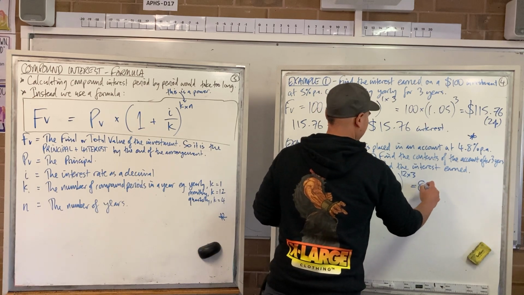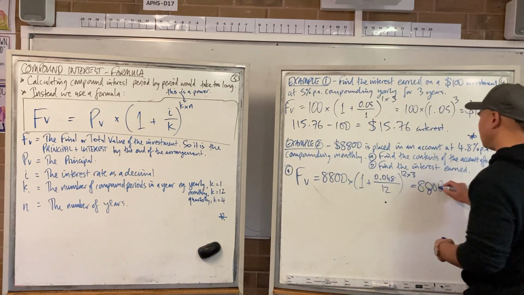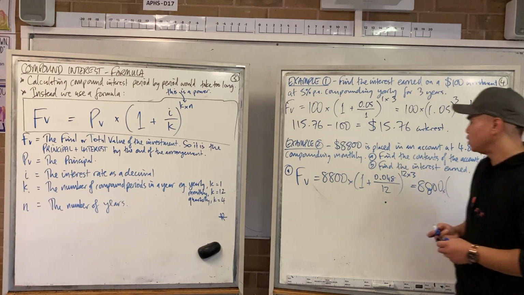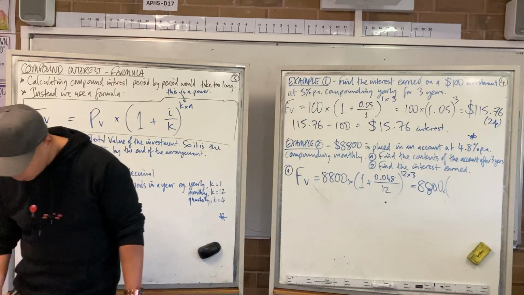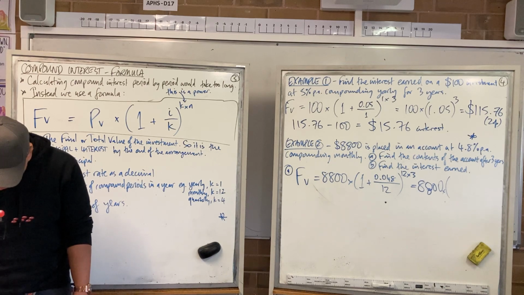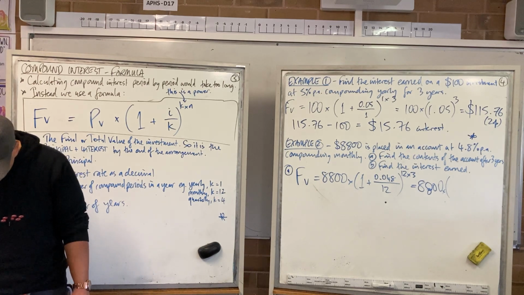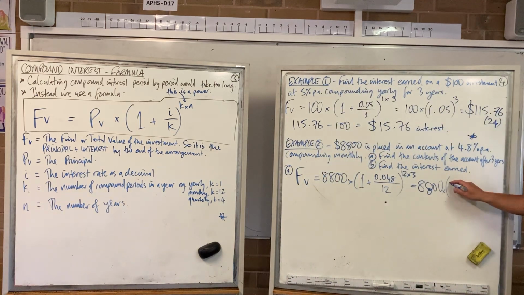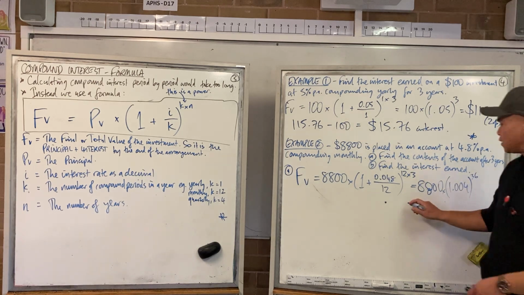Do some working out. 8,800 bracket 0.048 divided by 12. 0.004. So the brackets is going to simplify to 1.004, and 12 times by 3, 36.